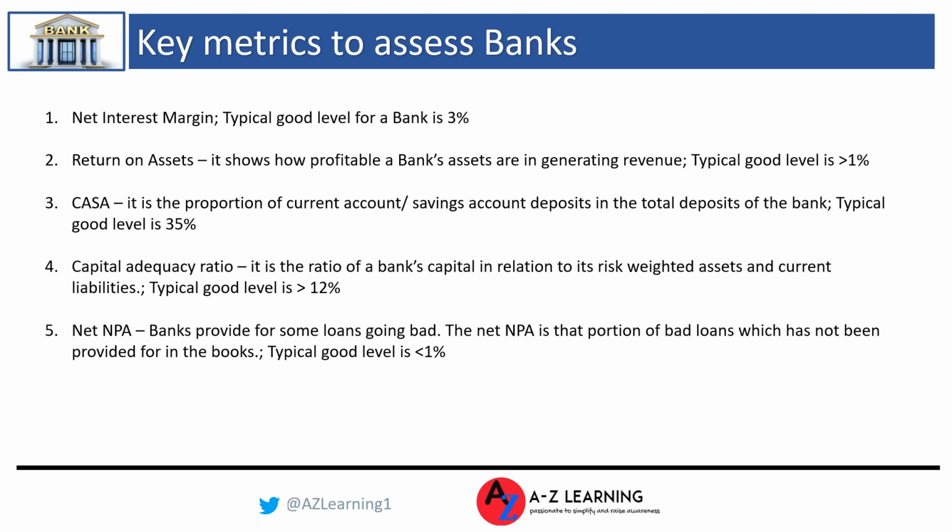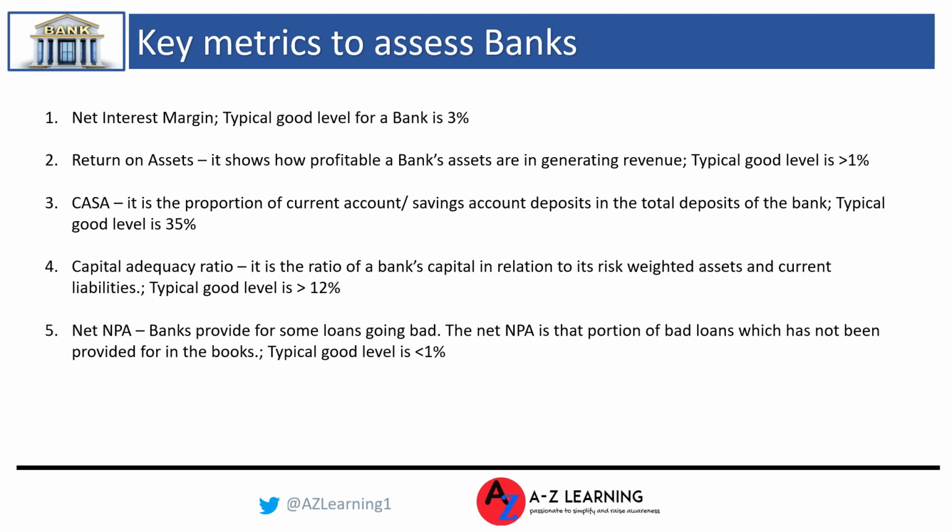Let's move to the second metric, which is return on assets. This basically shows how profitable the bank's assets are in generating revenue. Banks have all that cash that comes in, they use it to lend and to make investments, and then they earn interest income.